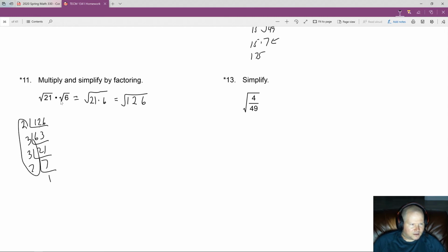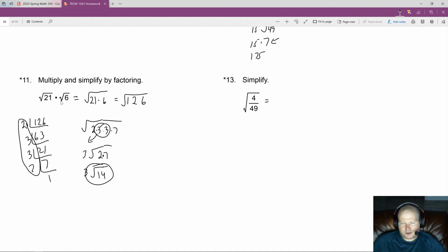So what we end up with is 2 times 3 times 3 times 7, where 3 times 3, put on the outside, gives me 3, and 2 times 7 is on the inside, so that gives me a 14. So 3 square roots of 14.